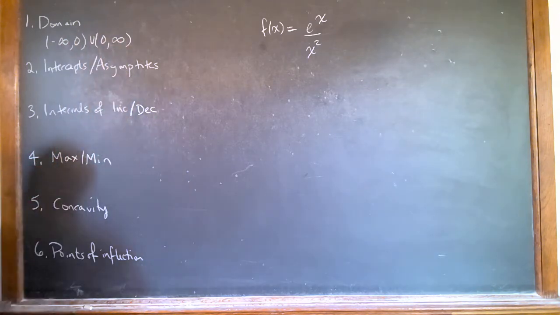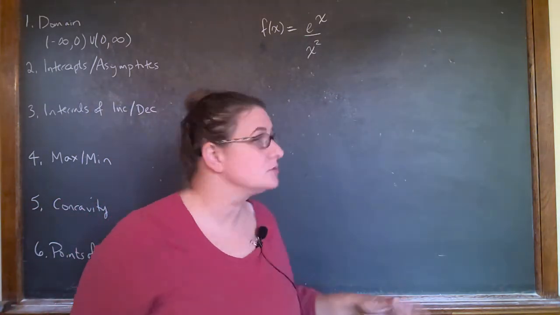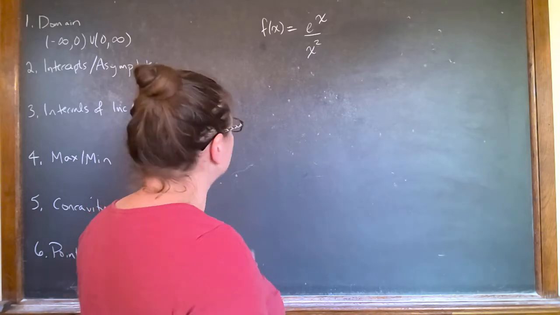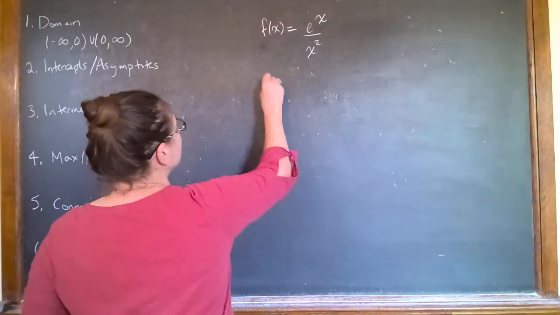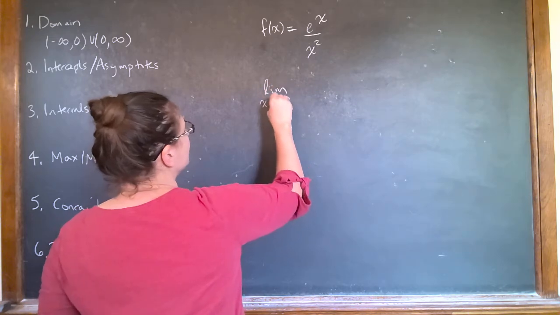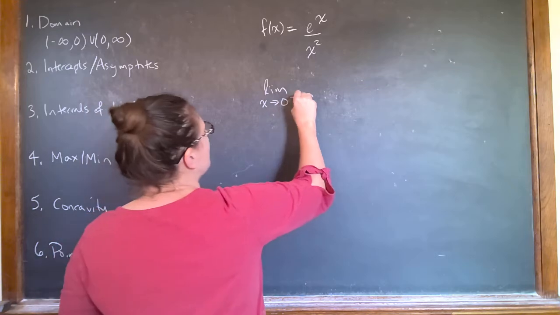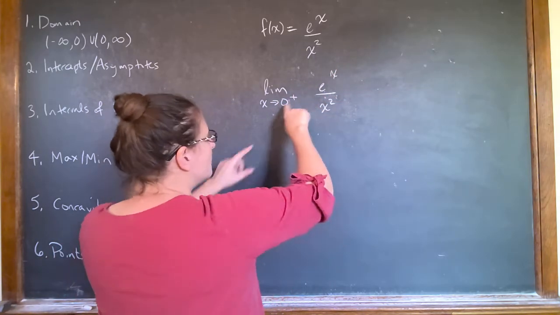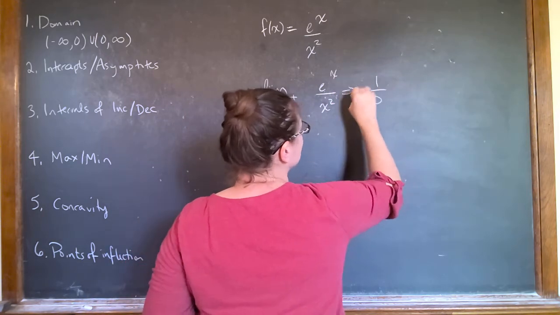So like that. Now, intercepts and asymptotes, this is an interesting question. Clearly we can see there's going to be a vertical asymptote at x equals 0, right? Because if I take the limit as x goes to 0, in fact, let me just do this for a minute. I'll go from the right. This is going to be 1 over 0, so this goes this way.